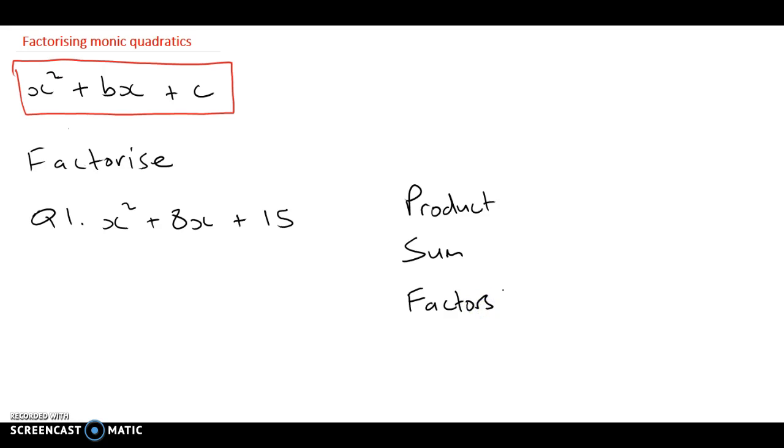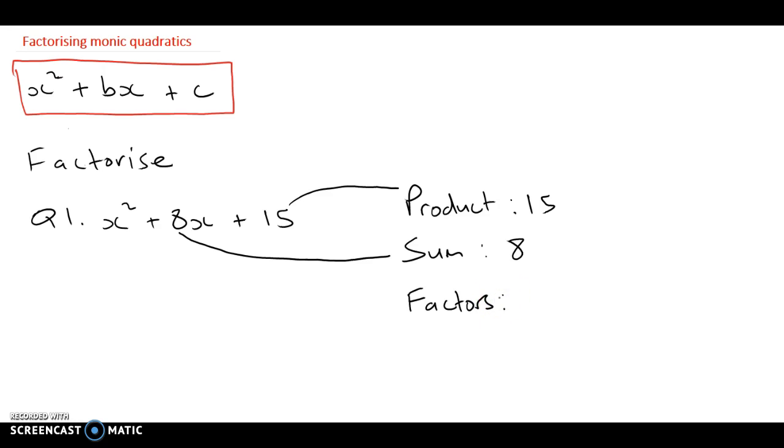In terms of the product, we're looking for a product of this C term here, so a product of 15. In terms of the sum, we're looking for a sum of the coefficient of x, so a sum of 8.